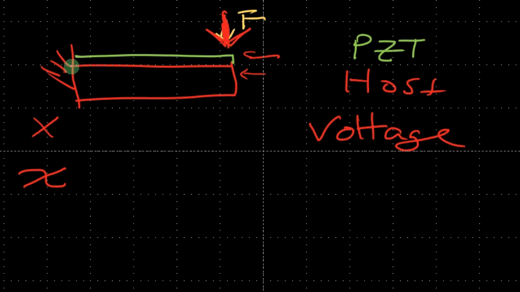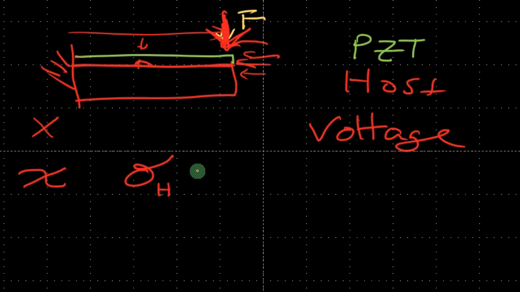So let's consider, because the strain is equal, and this is a really thin piezo, we're going to assume that the strain and the thickness of this piezo is the same. However, obviously it's going to vary across here. So the strain is continuous. In order to calculate the strain at the interface, which we're assuming is the strain of the piezo because the piezoelectric material is really thin, we first need to determine the stress at that interface in the host material.